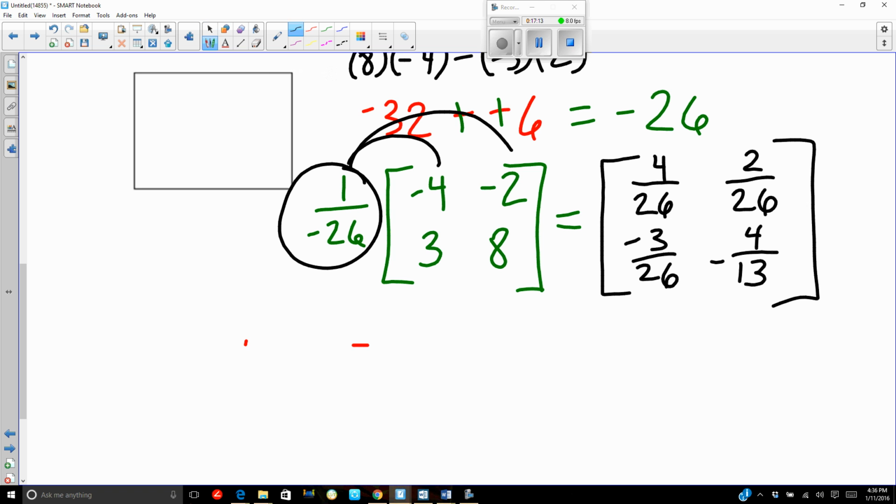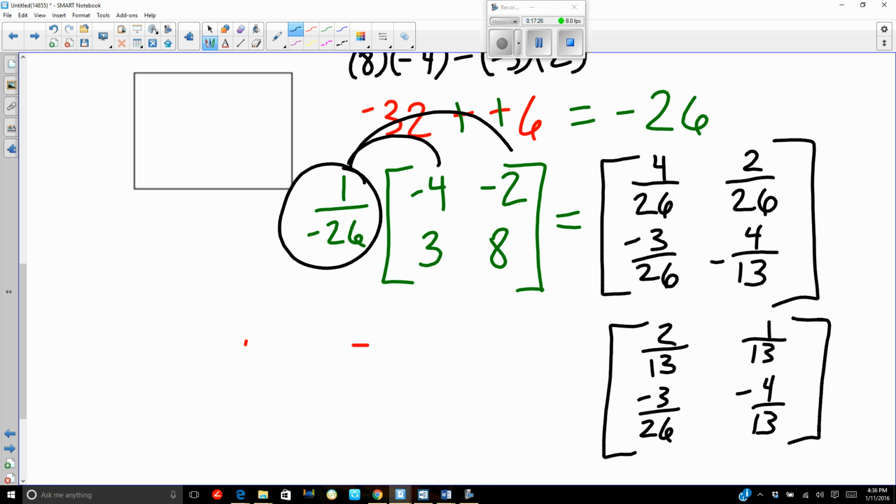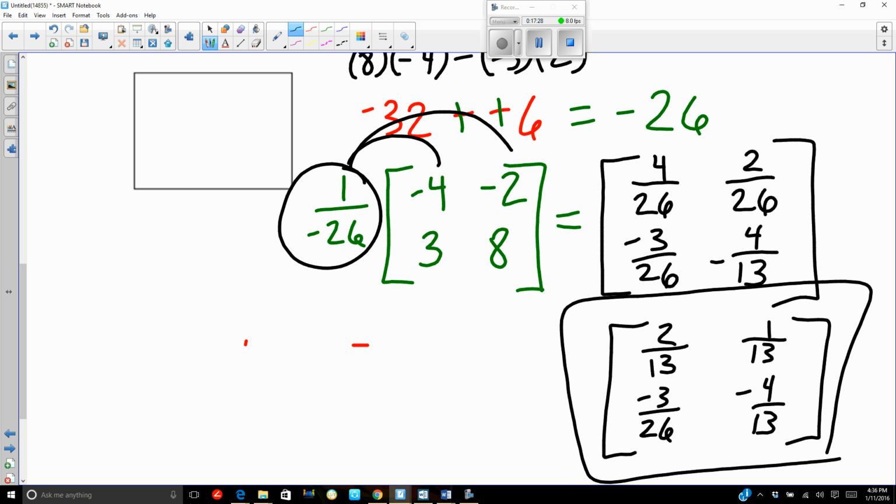So after we reduce, our final answer should be 2 over 13, 1 over 13. This is actually the inverse. It goes right in that box.